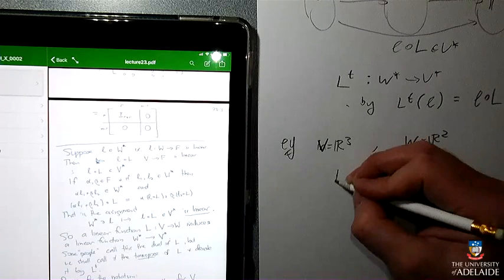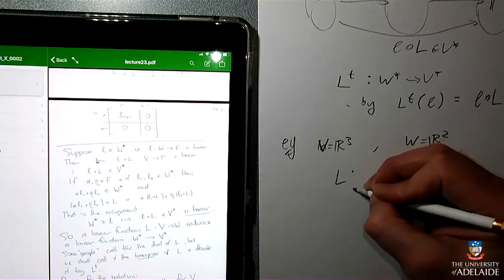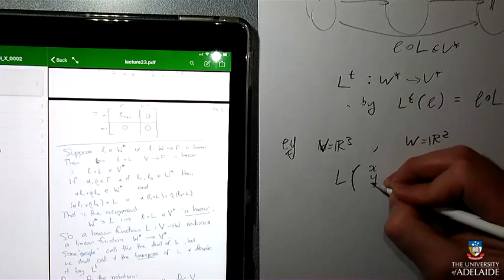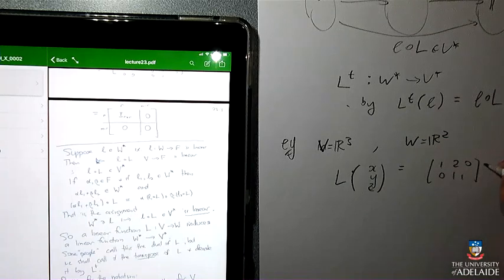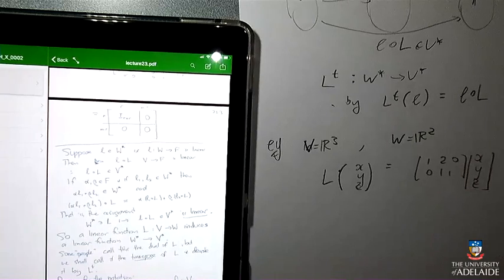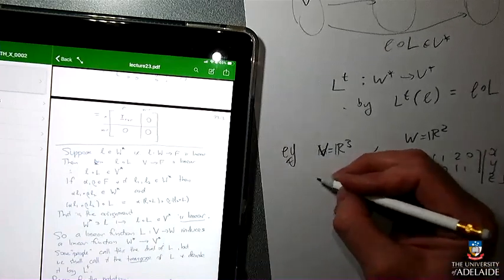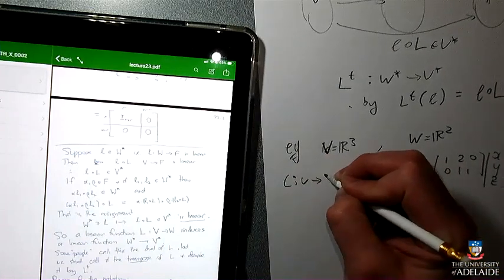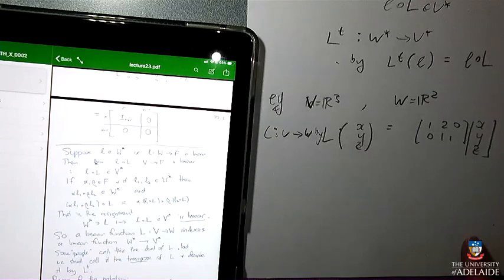And we're going to have L of x, y, z is going to be like that. That's what L is. It's a linear transformation. It sends V to W by that. Perfectly good linear transformation.